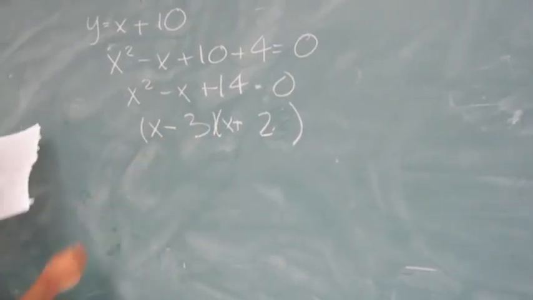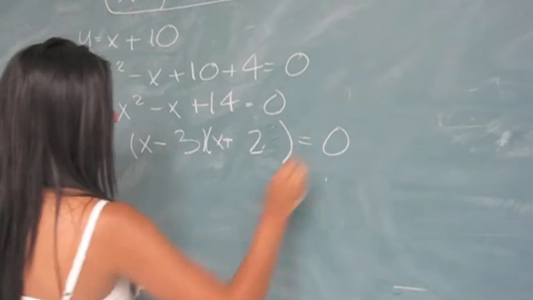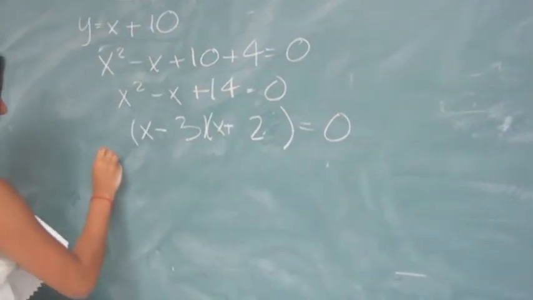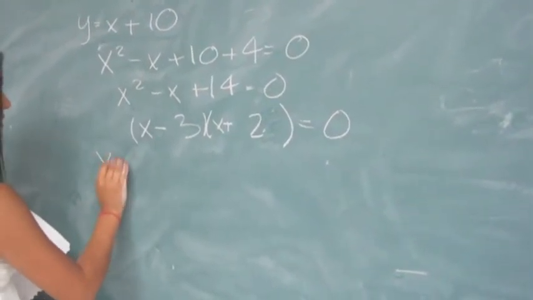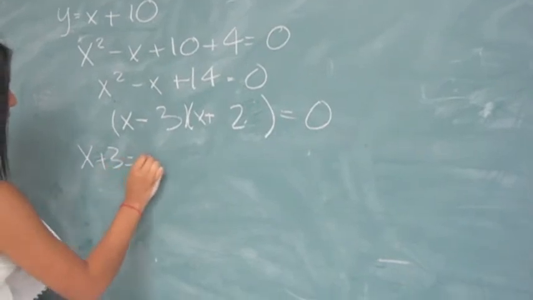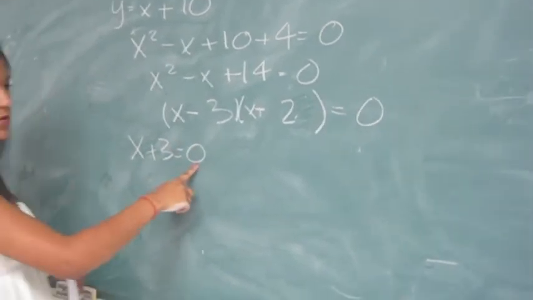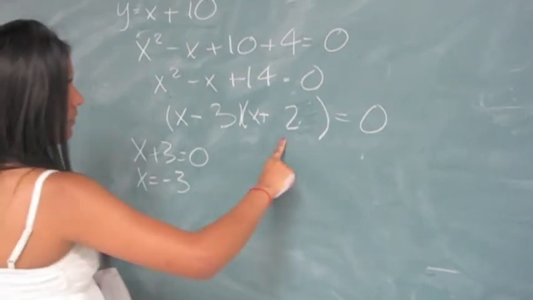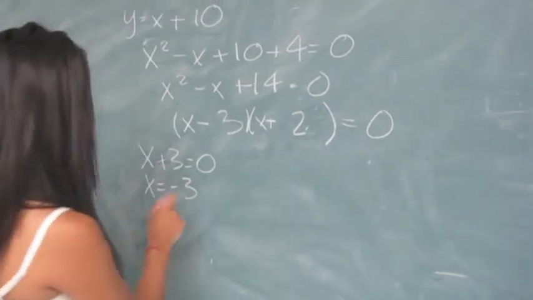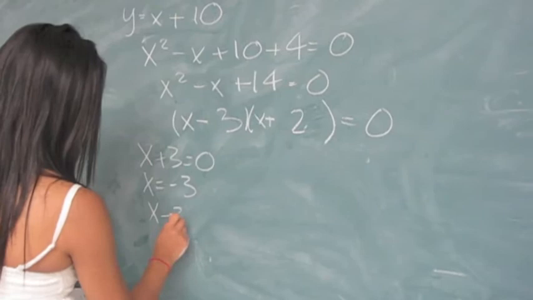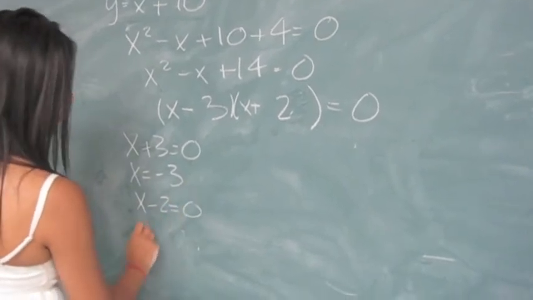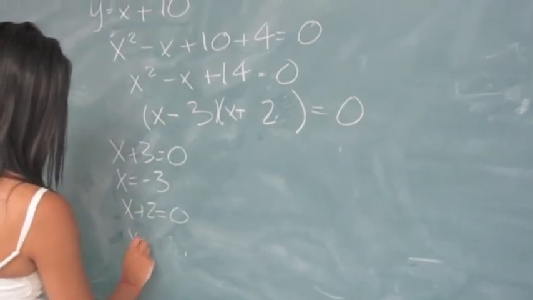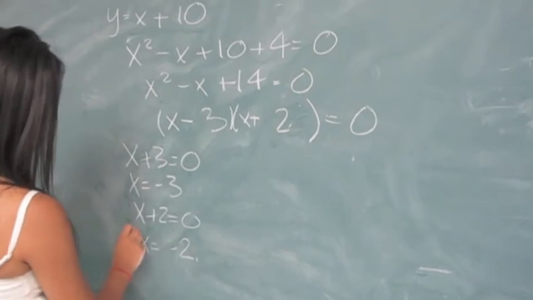So you would do x plus 2 equals 0 and x plus 3 equals 0. And then you apply inverse operations, and it will give you x equals minus 3. And then here also you would apply inverse operations, and it's minus 2. So there you have x.